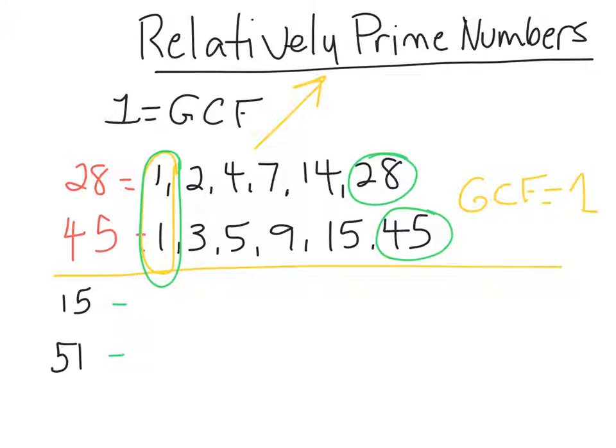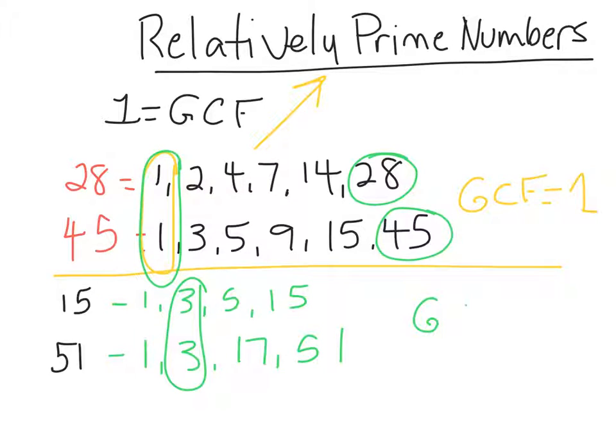Let's see what we got here. The factors of 15 are 1, 3, 5, and 15. And 51 is 1, 3, 17, and 51. The greatest common factor equals 3 here. So, going back up here, the numbers that we were trying to look up were 28 and 45.